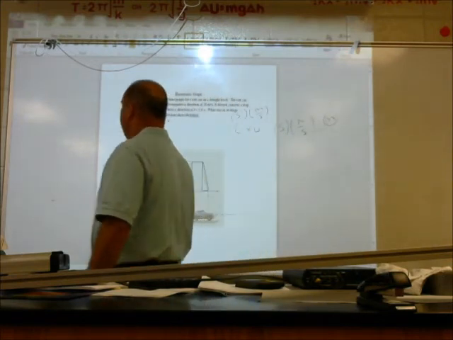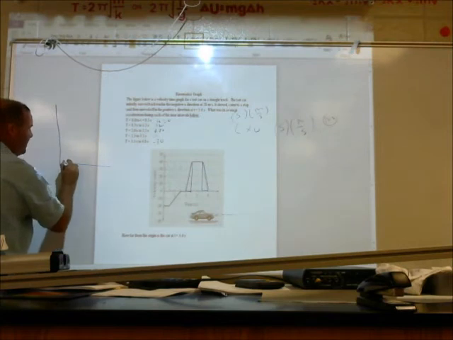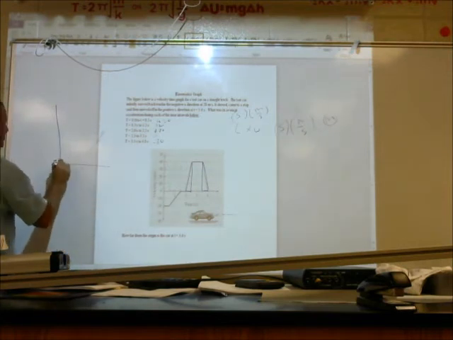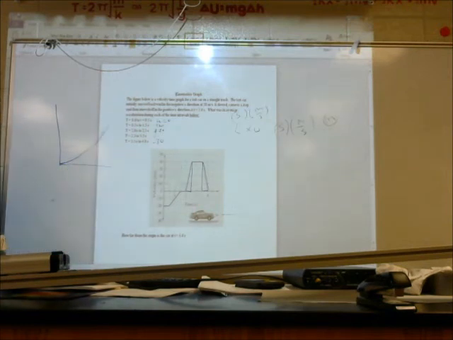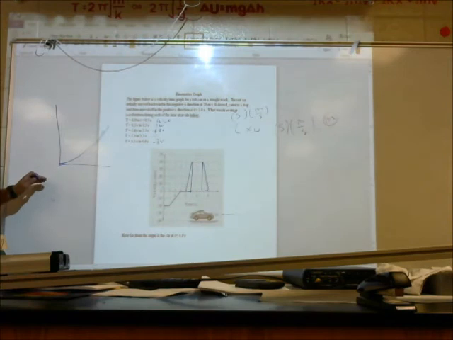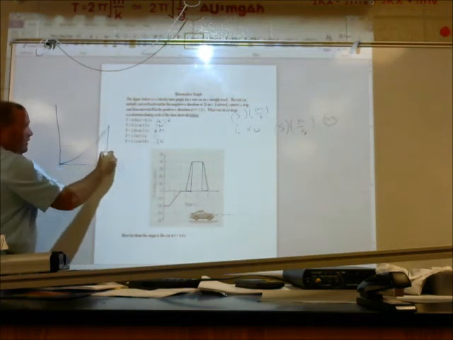Now, if I had a velocity that was changing in a non-constant fashion, like when the acceleration wasn't constant, how would I go about finding the area under that curve?